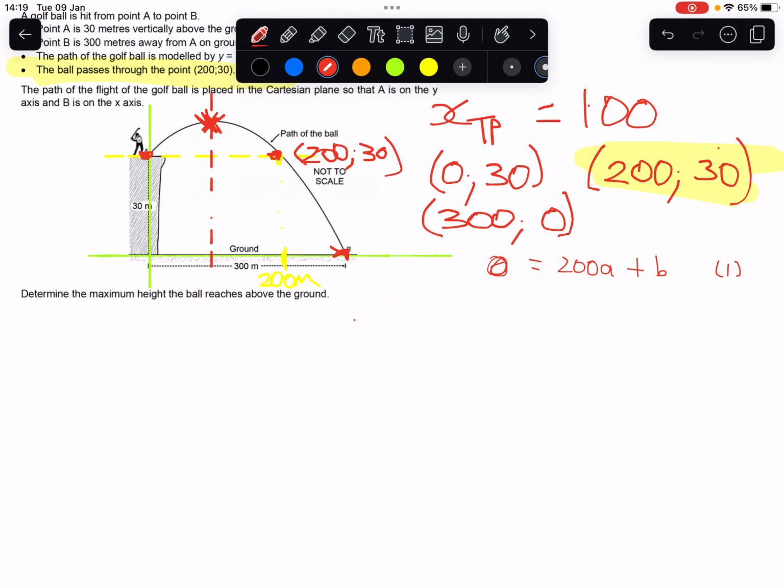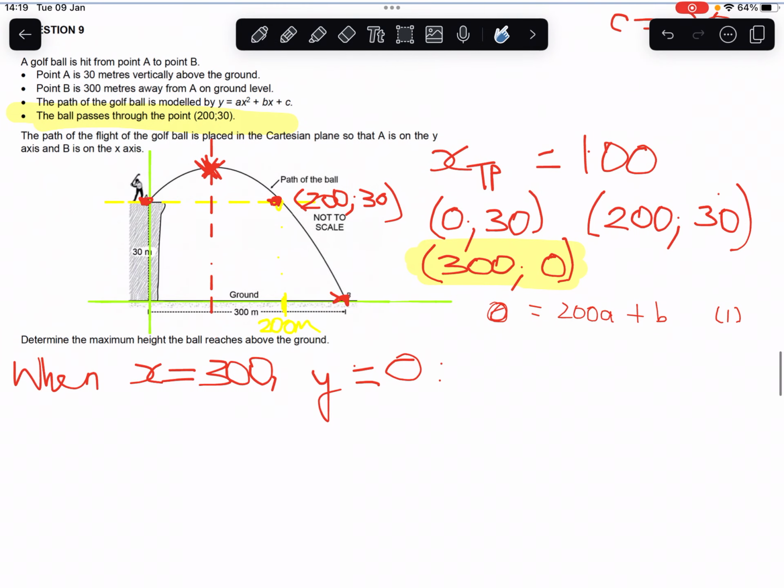Then our second equation we're going to get from, maybe let's get rid of this guy, we're going to get from our last point, right? So when X is equal to 300, we know that Y is equal to 0, right? So let's sub that into the quadratic function there.